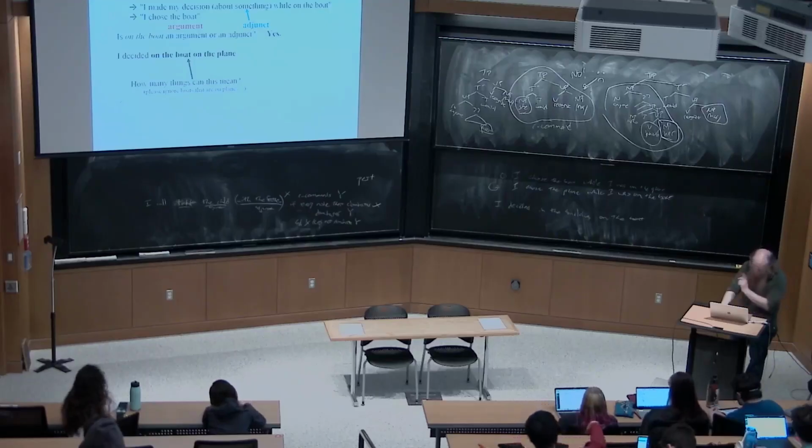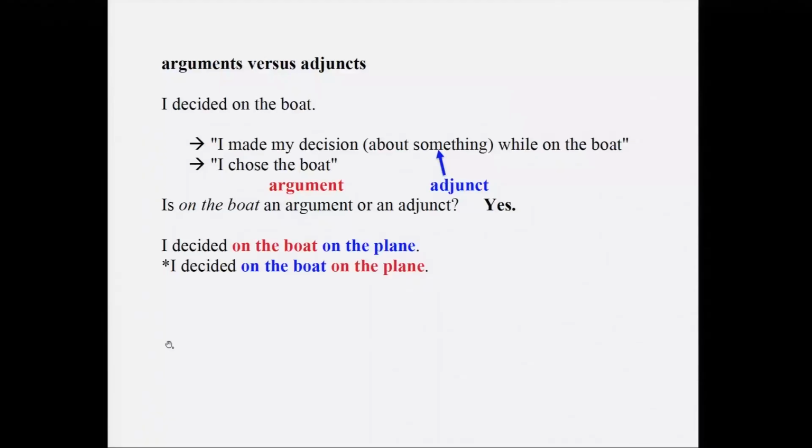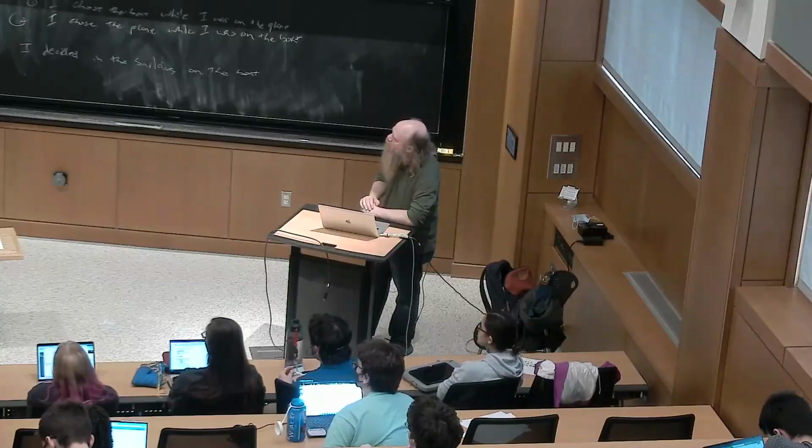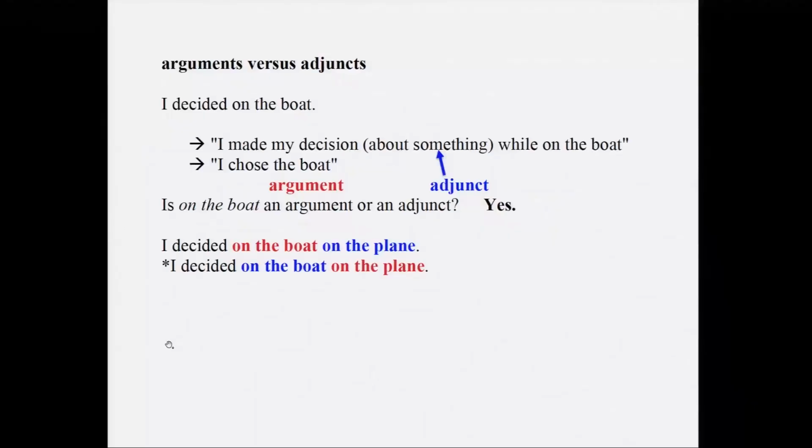I think the next slide is going to sort of echo a version of that. Here I've got an idealized version of the judgments that we more or less got. There are some people for whom you can get either reading. Interestingly, nobody has the opposite judgment that I decided on the boat on the plane preferentially means I chose the plane while I was on the boat.